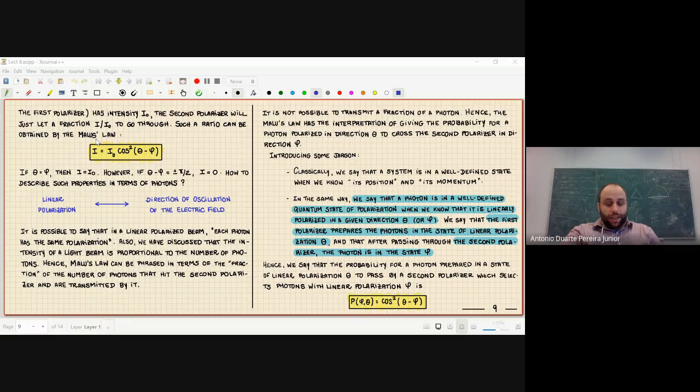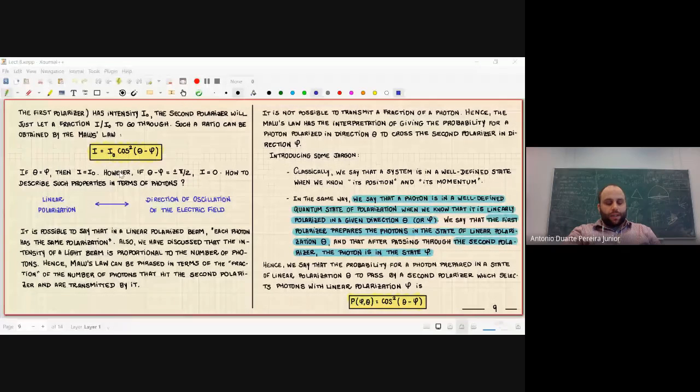So the intensity that appears here, which in the electromagnetic wave picture is proportional to the square of the electric field, in the photon language is proportional to the number of photons.